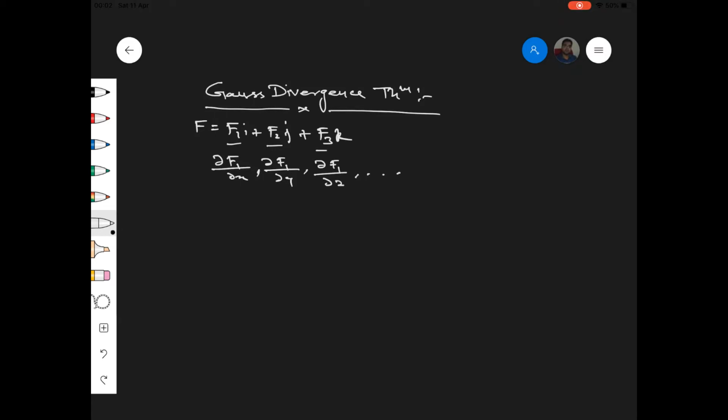Now suppose there is a surface S, which is piecewise smooth. Piecewise smooth means differentiable. Piecewise smooth, oriented, closed.